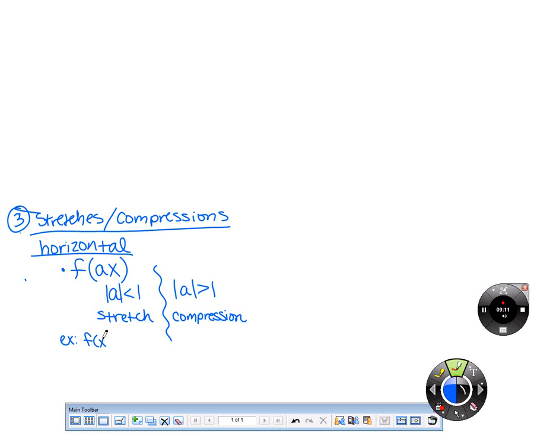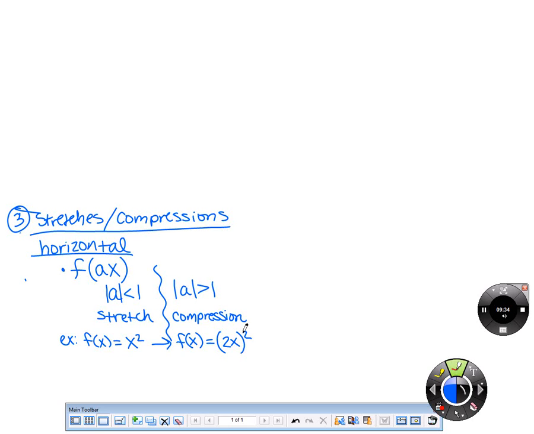So for an example of this, let's say we took a parent function, a quadratic. Let's say we took x squared. Okay. We'll give 2 different scenarios. One scenario, making this 2x squared.